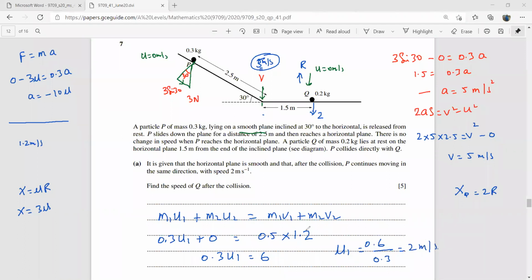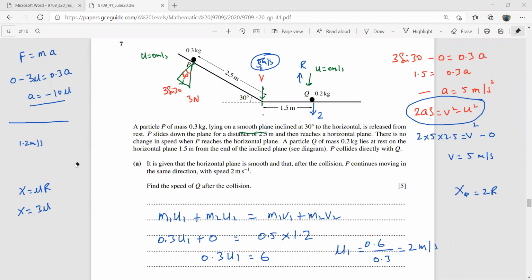Now I can go back to this information that I collected here. The initial speed is 5. The distance covered is 1.5. The final speed is 2. Can we still use this equation here to determine this mu over here?